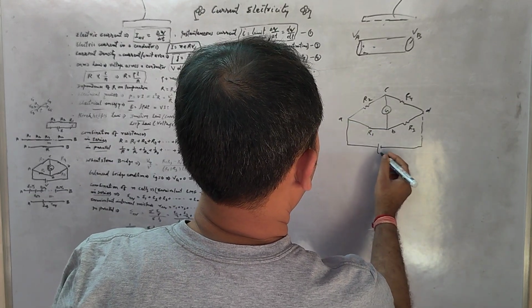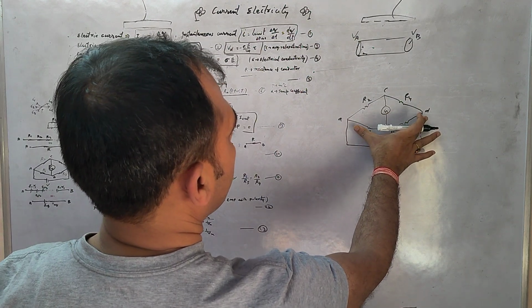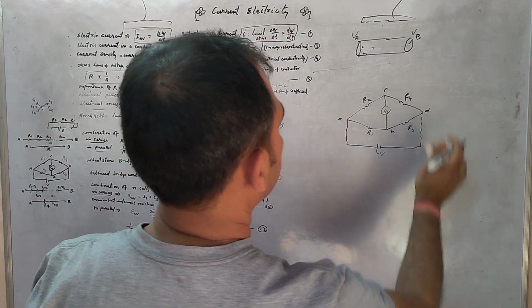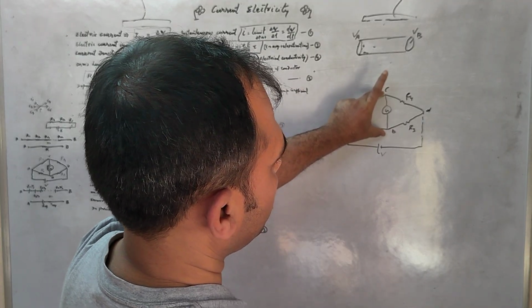The battery of voltage V is connected between terminals A and D, and the galvanometer between B and C.